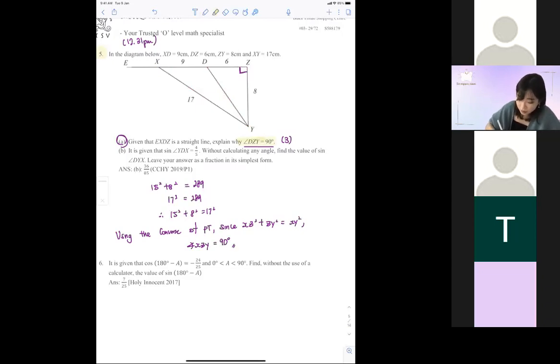They want to see number 1, number 2, and number 3. They want to see all 3 of these highlighted things. Then they will give you your full marks. Can you help me take note and highlight? Very simple concept. Just make sure you present it properly.